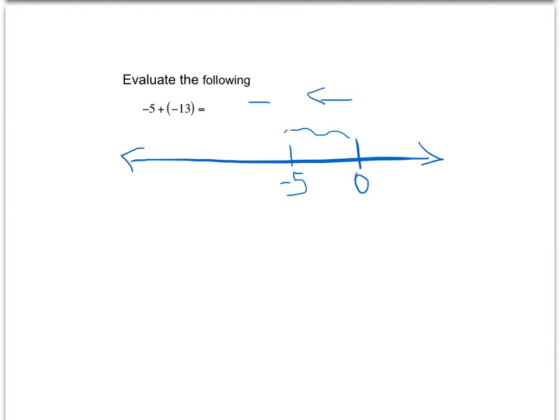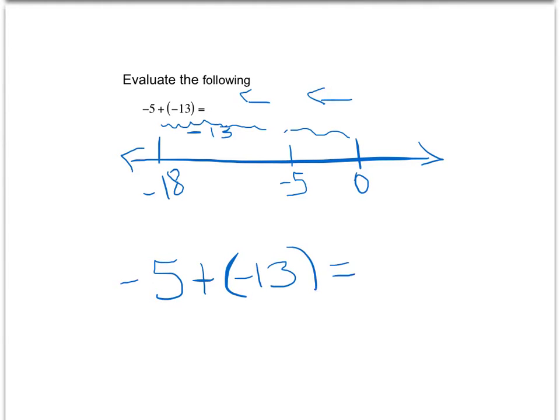So we're going to go left one more time, in this case 13 more spaces, for a total of -18. So -5 plus -13 gives us a total of -18.